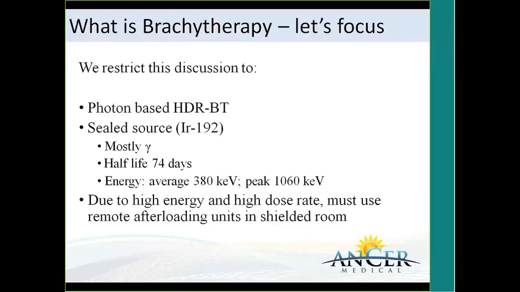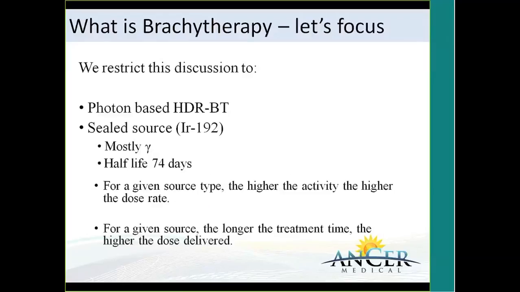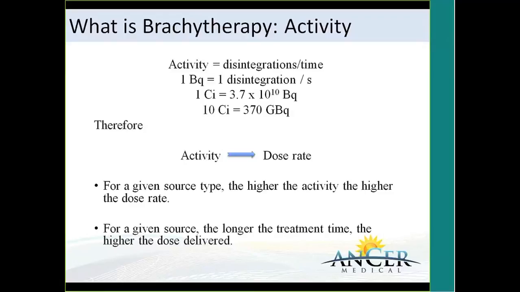Let's talk a little bit about activity and what the activity of the sources is. Activity is the number of disintegrations per unit time, and typically we're talking about the becquerel, which is 1 disintegration per second, the newer unit endorsed by the AAPM, the American Association of Physicists in Medicine. The older unit is the curie, and 1 curie is 3.7 times 10 to the 10 becquerel.